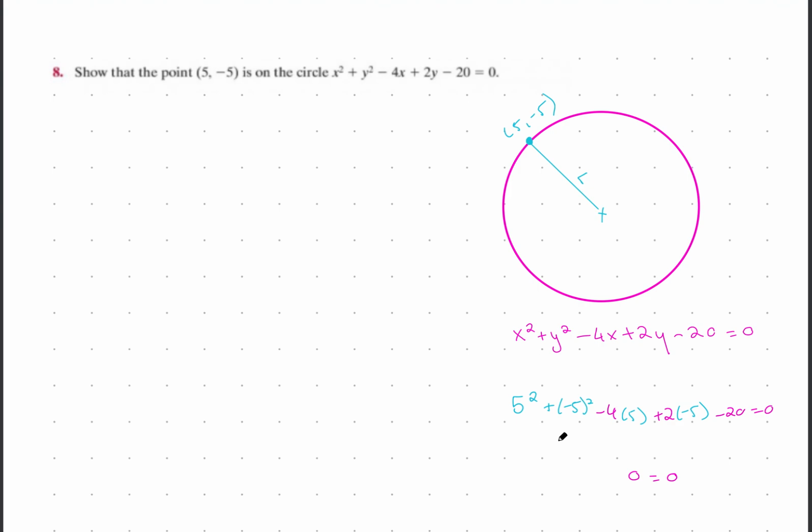There is another way that we could do this, and it's a way that we can think about whether points are inside, on, or outside the circle, in the context of the radius. If a point is on the circle, it is a distance of the radius away from the center.